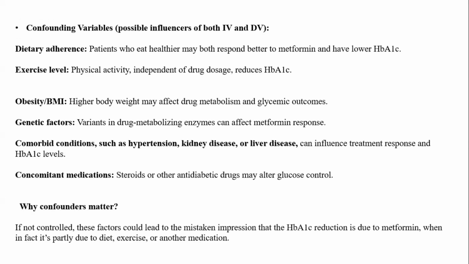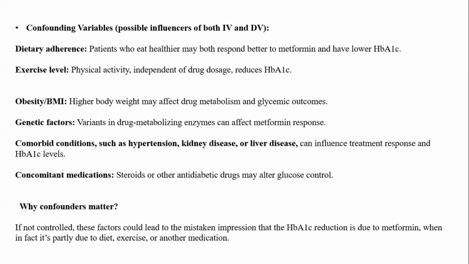So we go to the confounding variables. What are the confounding variables? Confounding variables are variables that possibly influence the independent variable or the dependent variable. Let's say the dietary adherence of the patient: a healthier patient may both respond better to metformin and have a lower HbA1c.